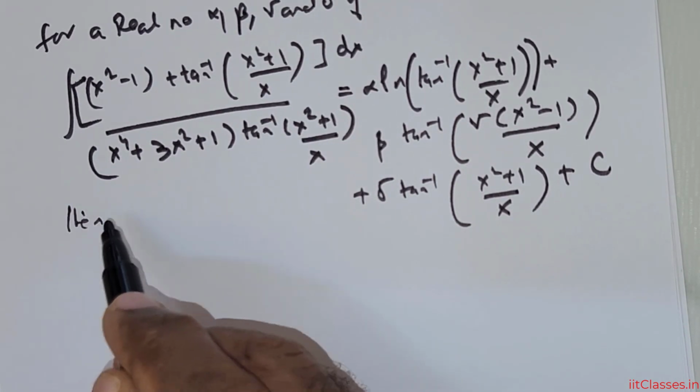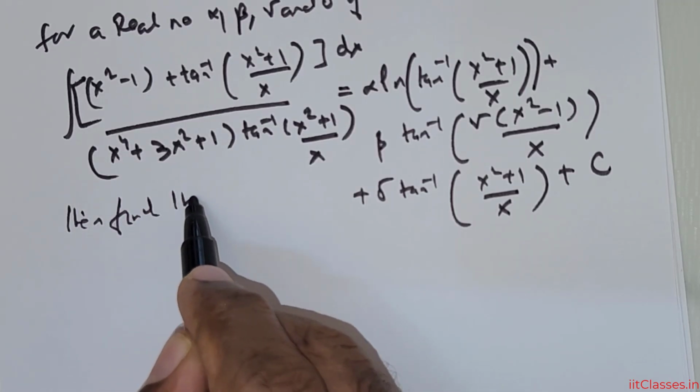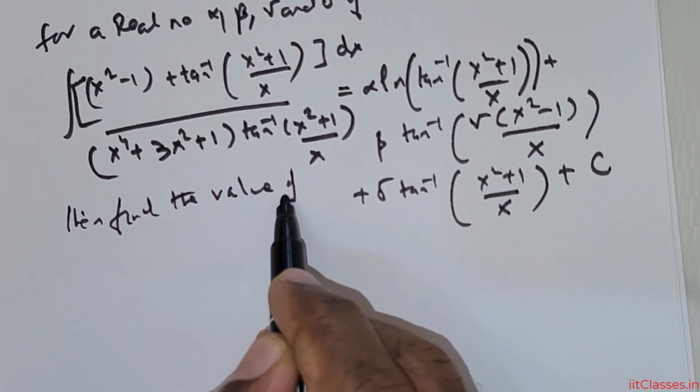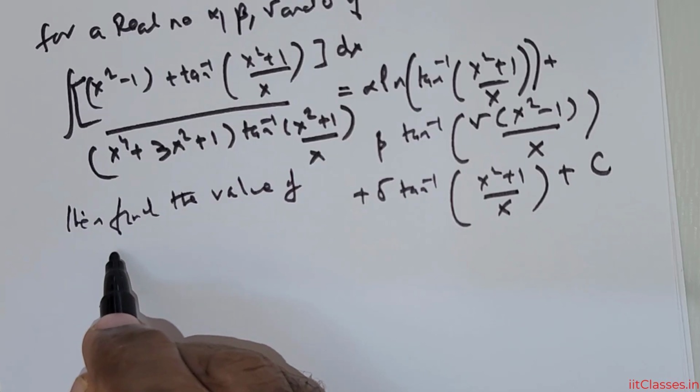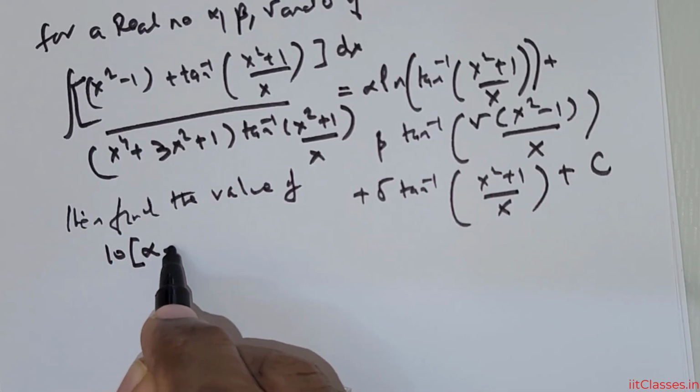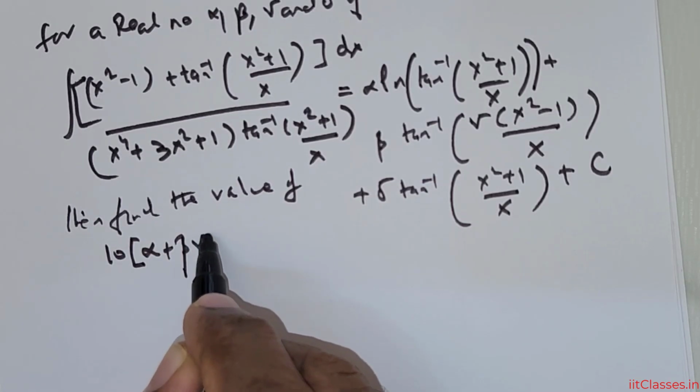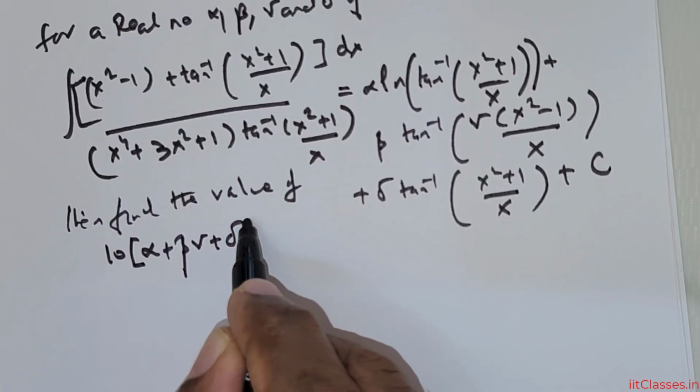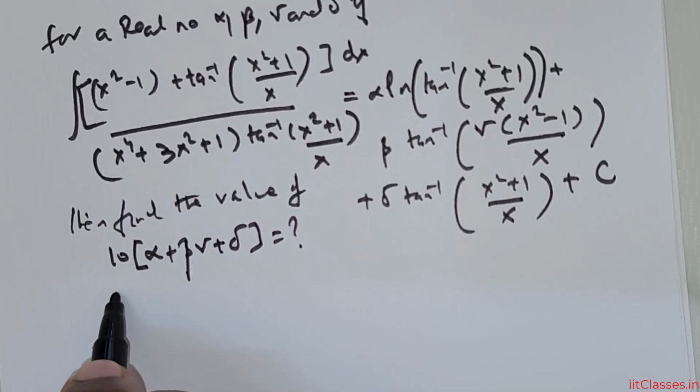Then find the value of 10 times (alpha beta gamma plus delta). You have to get this value.